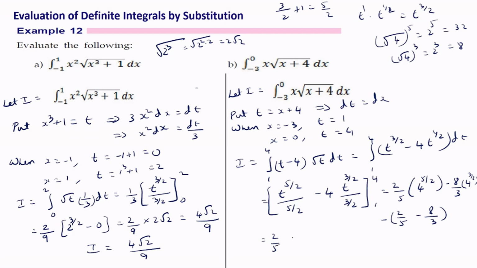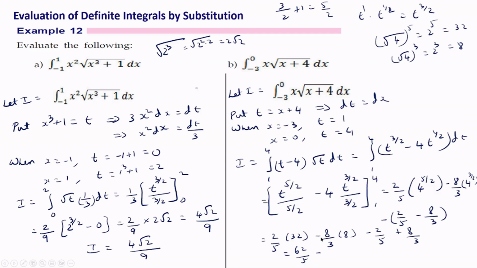So this is 2 by 5 into 32 minus 8 by 3 into 8, minus 2 by 5 plus 8 by 3. So here it is 64 minus 2, so it is 62 by 5.